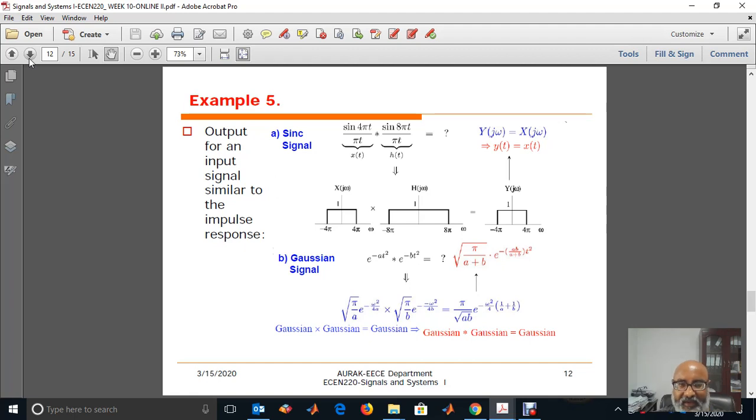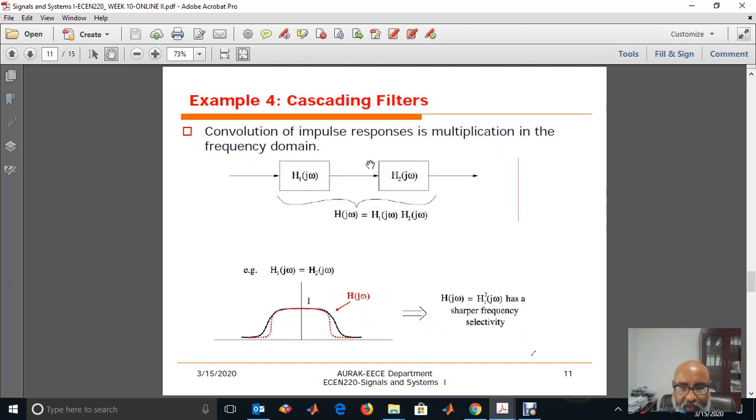And here, if I have two systems, h1(t) and h2(t), what is the overall spectrum? Again, using the convolution property, the overall impulse response is h1(t) convolved with h2(t). In the frequency domain, it will be H(j omega) equals H1(j omega) times H2(j omega).